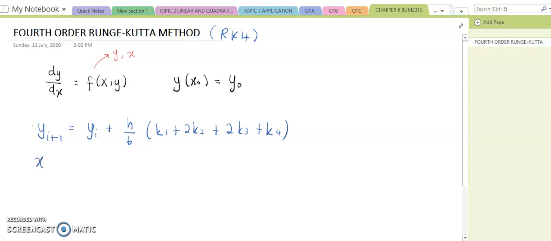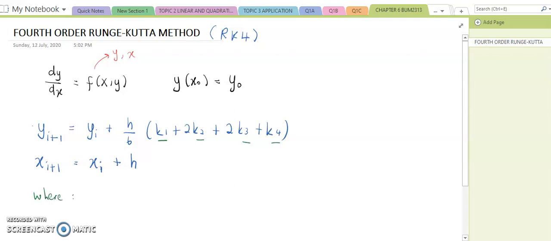And the approximation of the x value is equal to xi plus h, where the h value is the step size or the gap of interval. From these two formulas, you need to know the values of k1, k2, k3 and also k4.